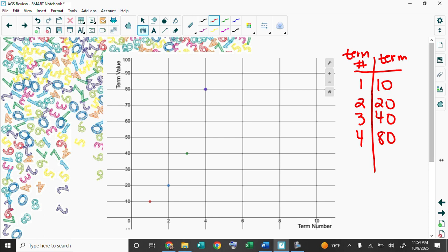Now, this is not linear. Hopefully you know this is exponential. Since it is exponential, that means it's going to be geometric.